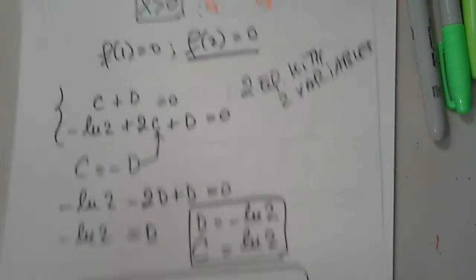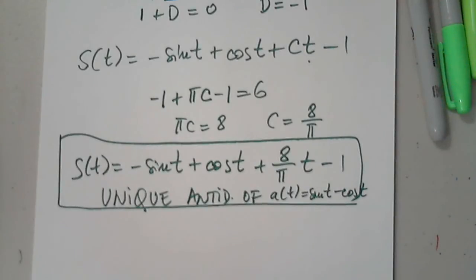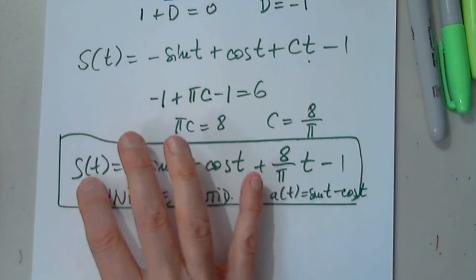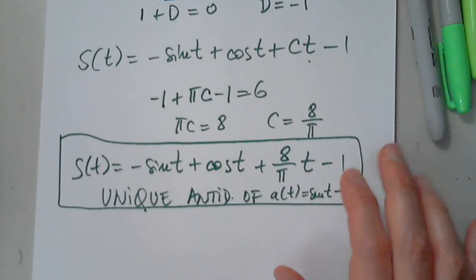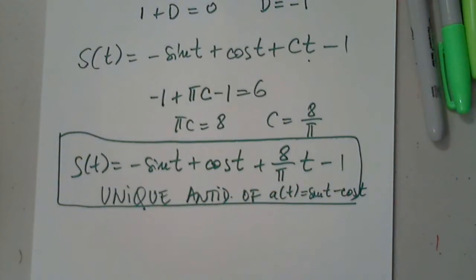It's the only one that fulfills the given conditions. There is no other. We were only asked to find the position of the particle with the given conditions. S of 0, 0, S of pi, 6.